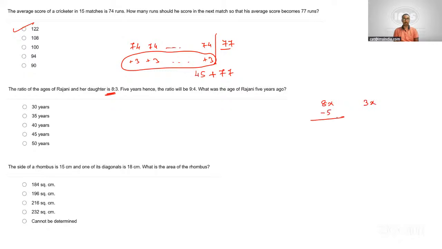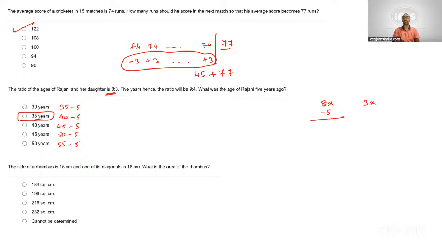So let me first go from the options and find out which looks like a multiple of 8 minus 5. 35 minus 5, 30 doesn't work. 40 minus 5 looks very, very likely. 45 minus 5, 40 doesn't work. 50 minus 5 doesn't work. 55 minus 5 also doesn't work. So this is most likely the only option.